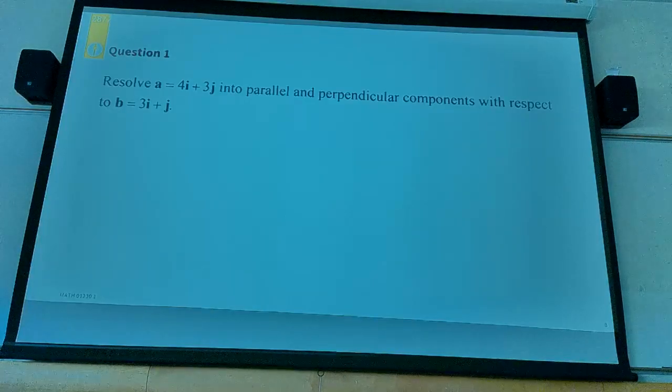We want to resolve the vector A into parallel and perpendicular components with respect to B. This idea is extremely important in the study of physics. You have two components of motion, the tangential and the normal.